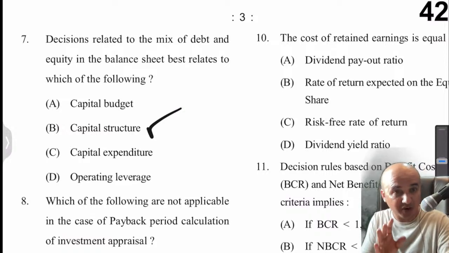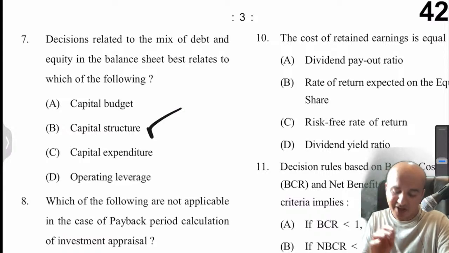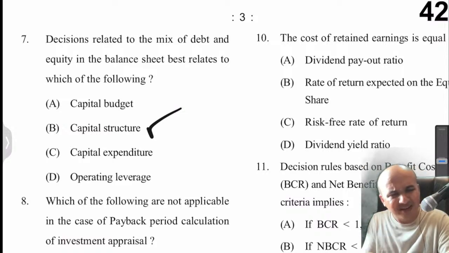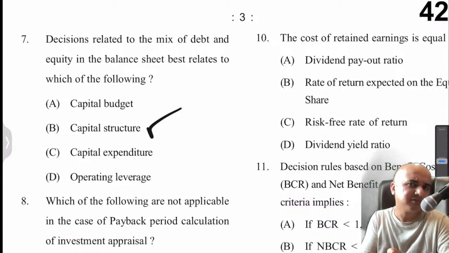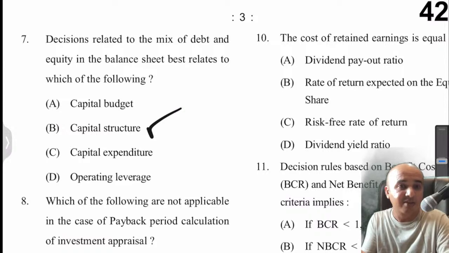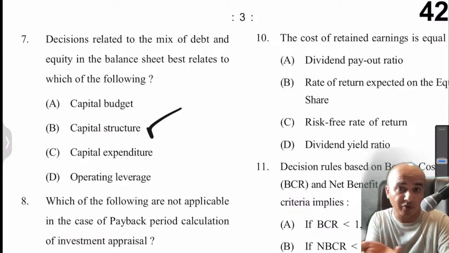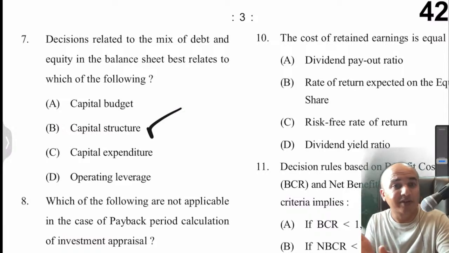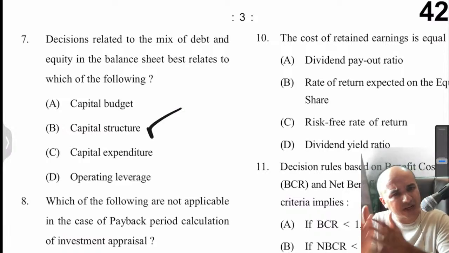So this is what capital structure refers to. Whereas capital budget, that is option A, is nothing but allocation of funds for long-term investment projects, maybe some acquisition of assets or development of new products. That's all. It is not related to the capital structure. We are only looking at a particular investment.